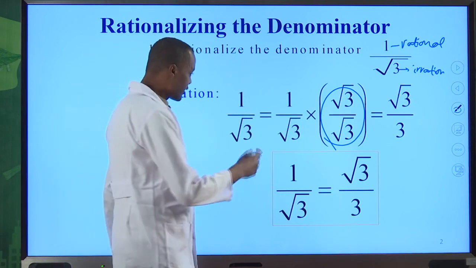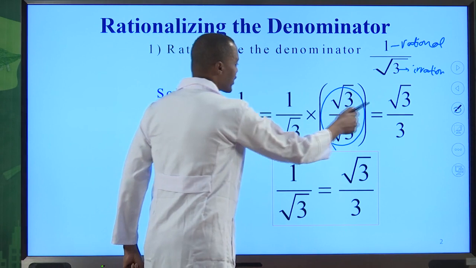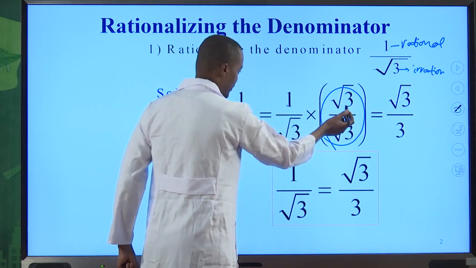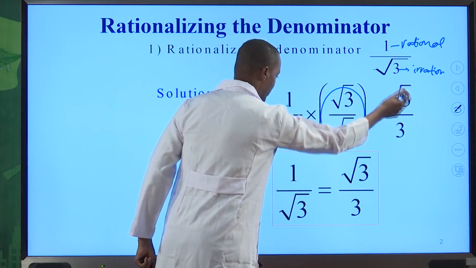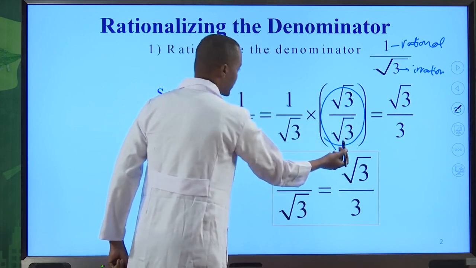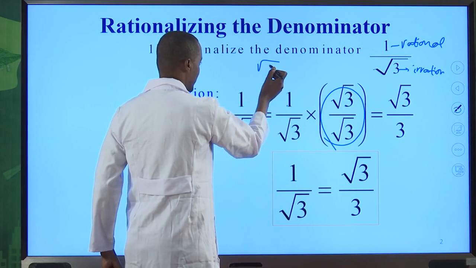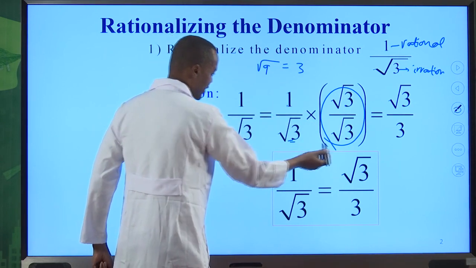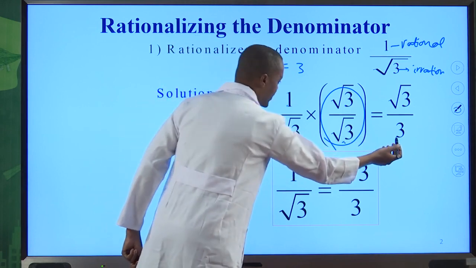Let us do it in a little detail. 1 times root 3 is root 3, that is, we simply multiply 1 by this root 3 in order to get this root 3, and root 3 times root 3 will give us the square root of 9, which is equivalent to 3. So root 3 times root 3 will be 3.